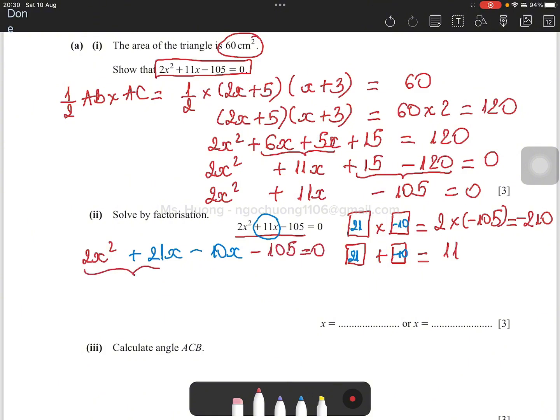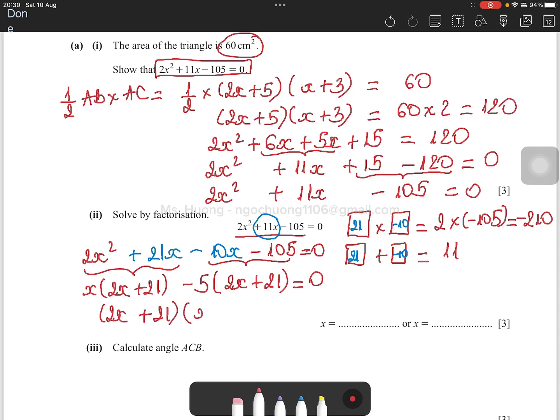For the first two terms, the common factor is x, then 2x plus 21 is left. For the second pair, the common factor can be negative 5. So we also have 2x plus 21, since negative 105 divided by negative 5 is positive 21. And now the new common factor is 2x plus 21, and x minus 5 is left.